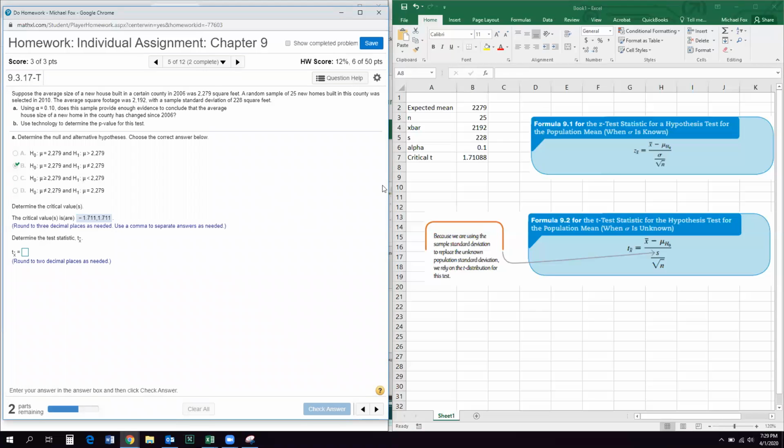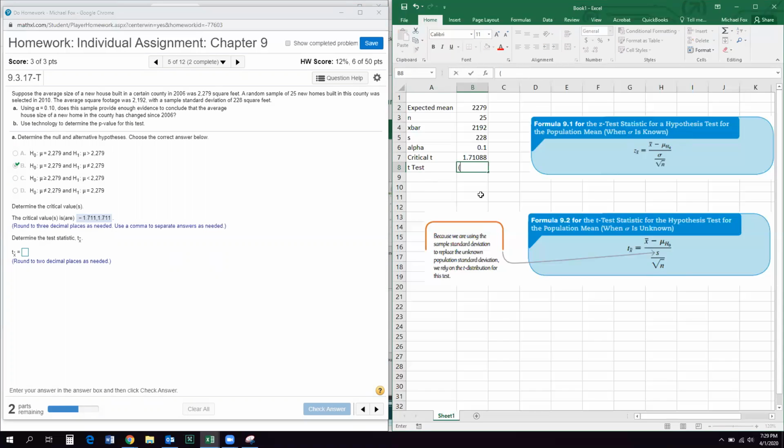All right, now we're supposed to do our t-test statistic. I left up here the formula that we used in the 9.2 problem. You can see that this formula is exactly the same, except instead of the population standard deviation, we just put in the sample standard deviation. Everything else is the same.